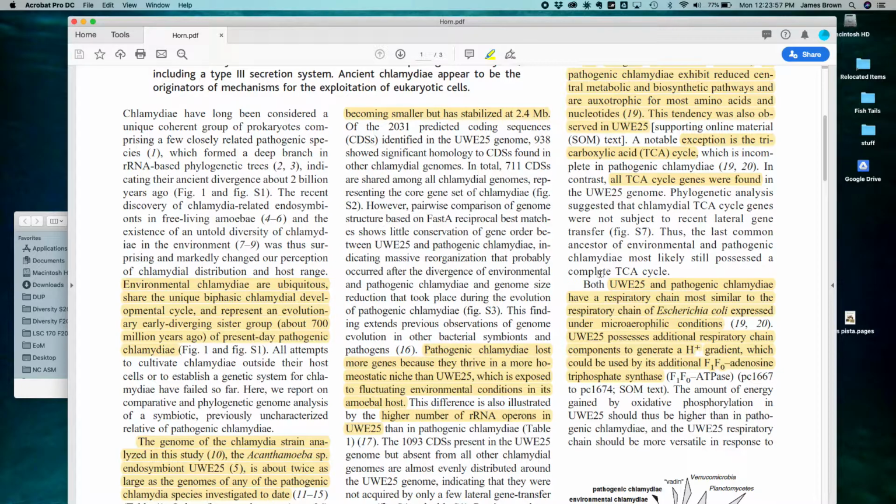They argue that the pathogenic, and they use the terminology pathogenic for the plant and animal pathogens, and environmental for the ones that infect amoebas and other protists, they say that pathogenic chlamydia thrive in a more homeostatic niche. What does this mean? Pathogenic chlamydia doesn't have to float around in rivers and streams or sit in the dirt before it can infect another organism. Pathogenic chlamydia require direct contact of bodily fluids. And so they're never outside, in the cold.